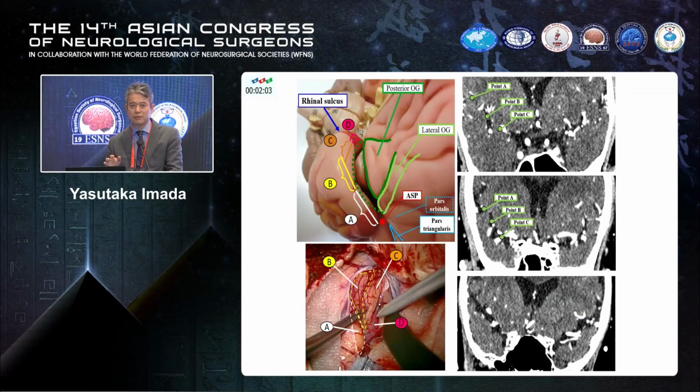So in this case, not so difficult. In the lower case, points A, B, C, the space is very wide. In this case, adhesion of the sylvian fissure stem is loose, so dissection is very, very easy. You only have to dissect the sylvian vein, and the sylvian fissure automatically opens, okay?